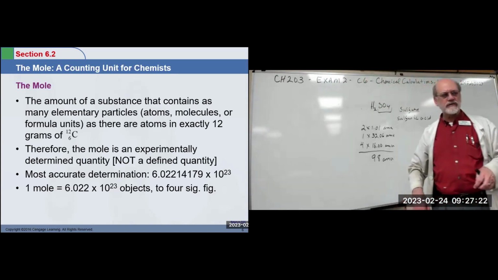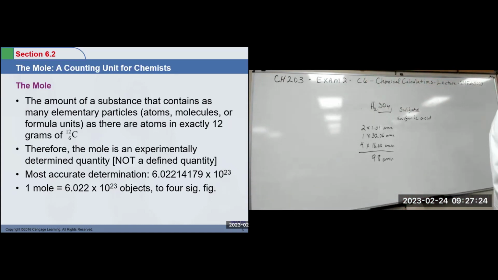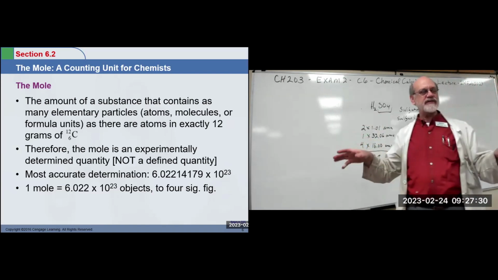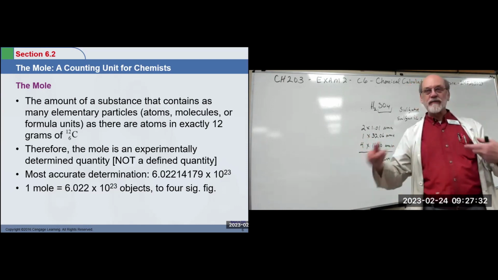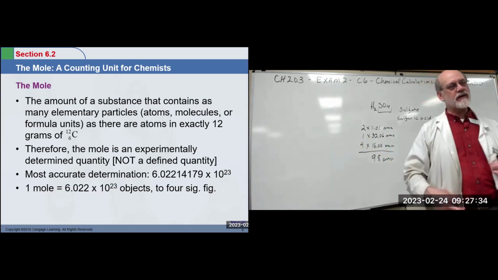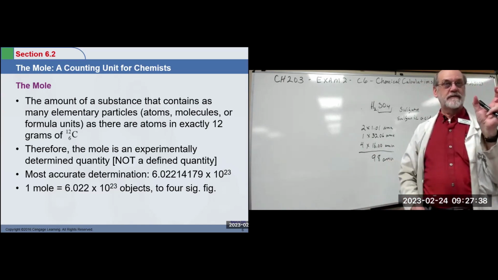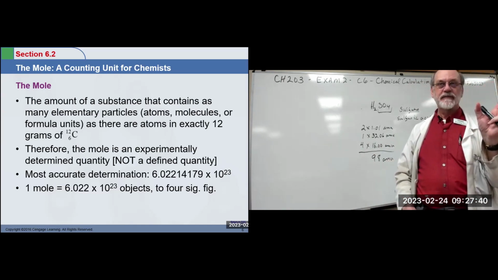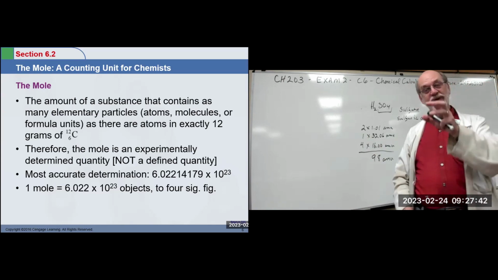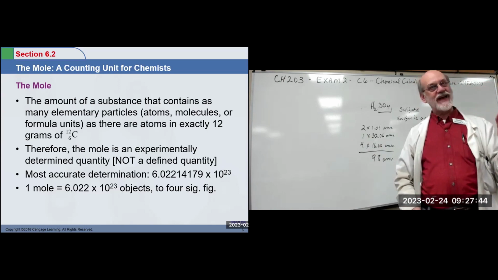But atomic mass units are not useful in the laboratory. We don't have any balances that read off in atomic mass units, because an atomic mass unit is useful for only one formula or one atom. And when we put something on the balance, we've got billions and billions of atoms.